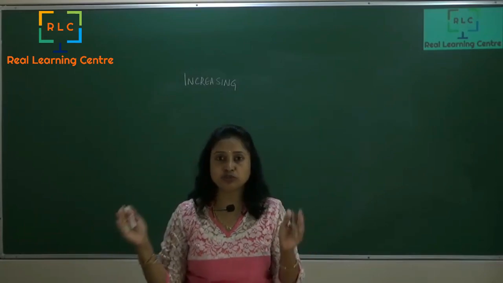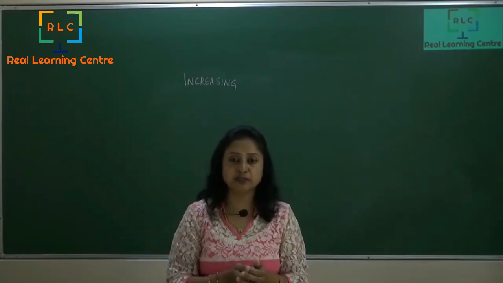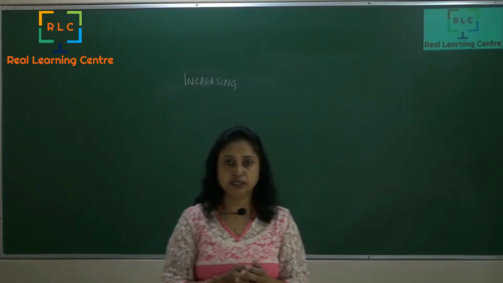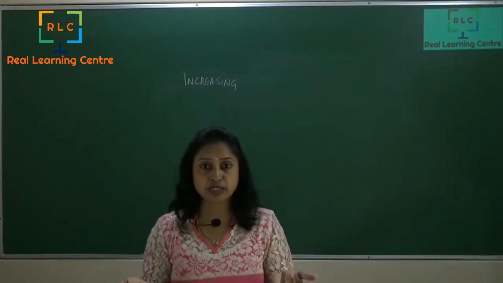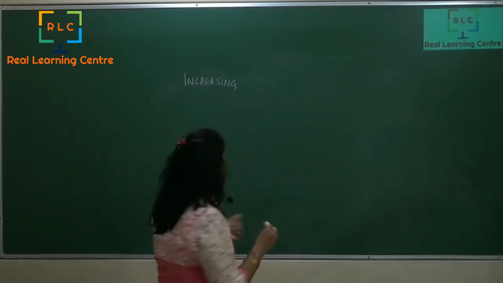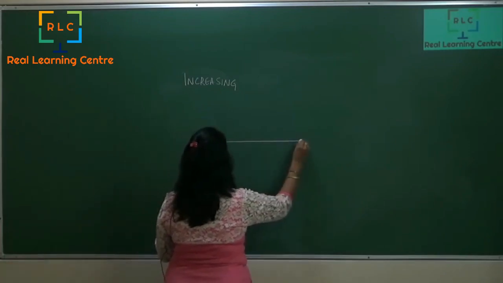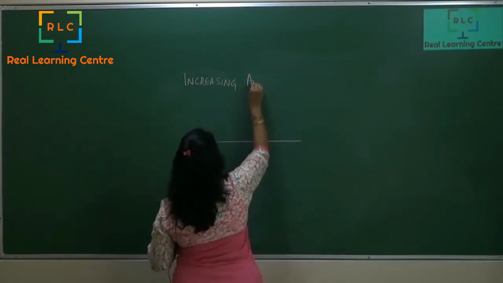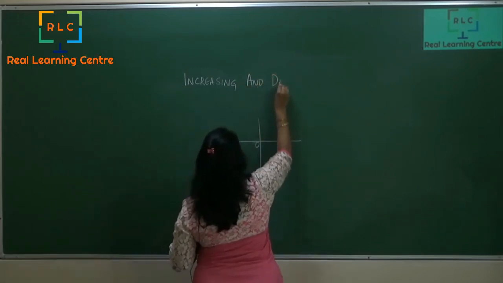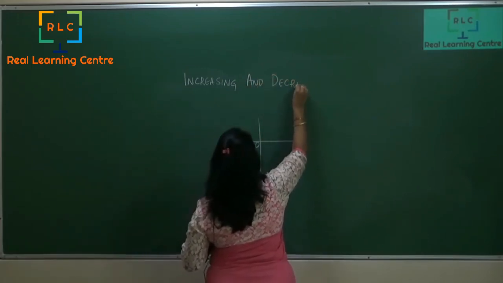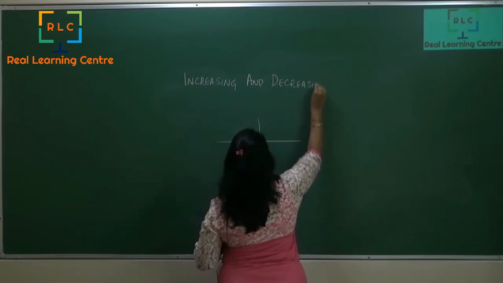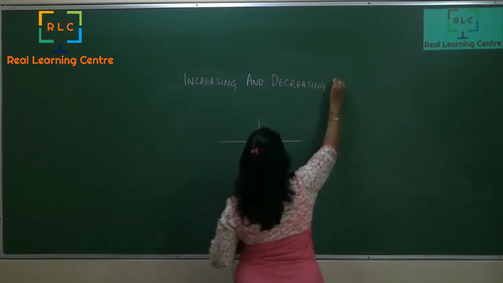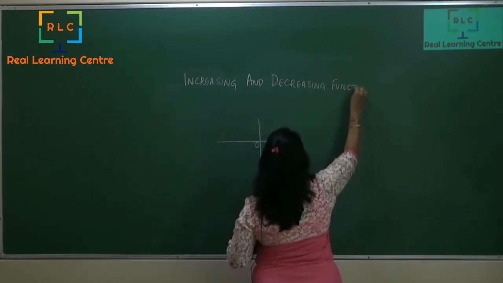So from 0 to 360 degrees, when I consider the sine curve, it is neither increasing nor decreasing. It was at the same level. So now I'll come to increasing and decreasing functions.